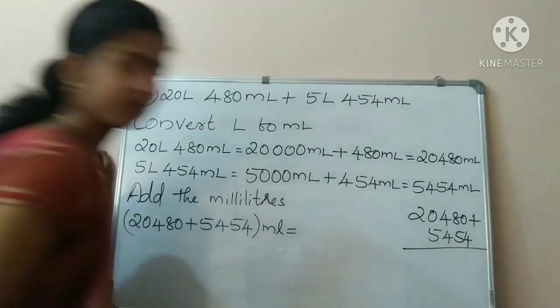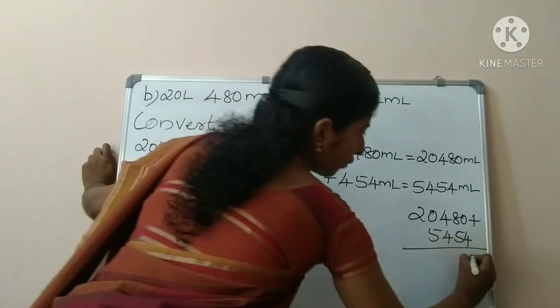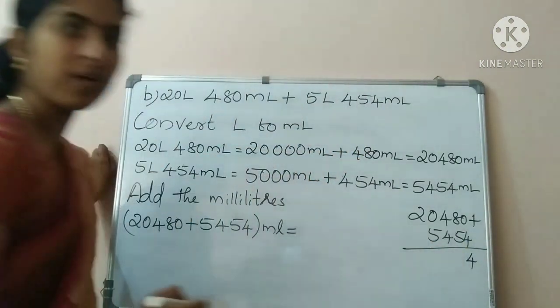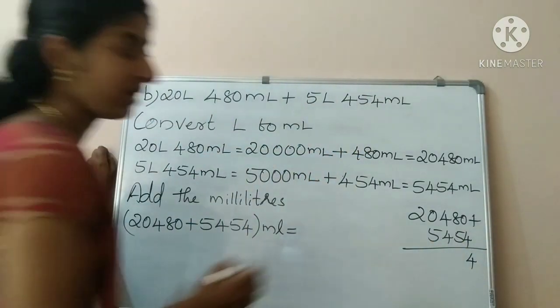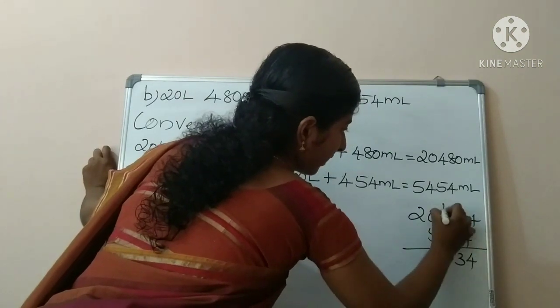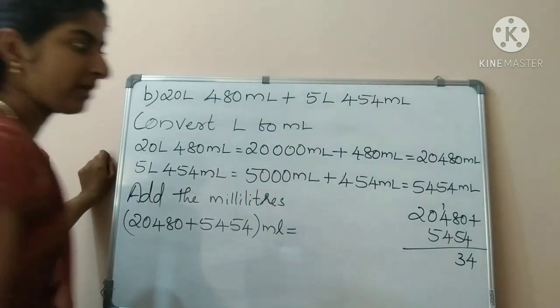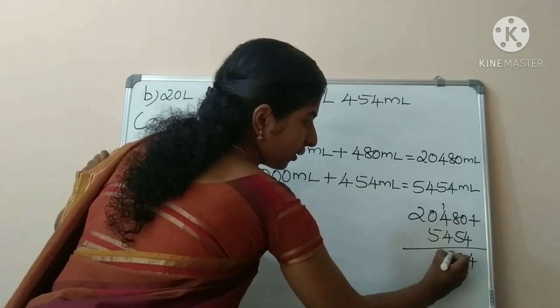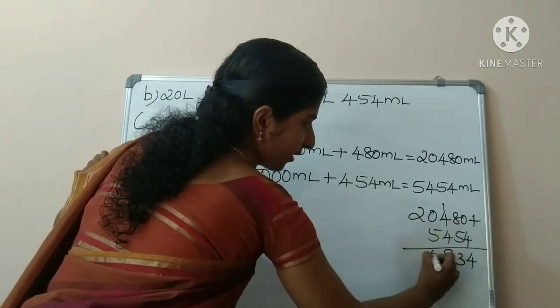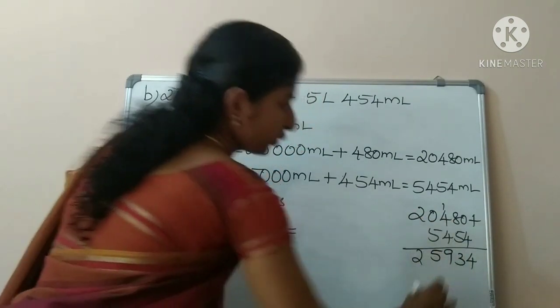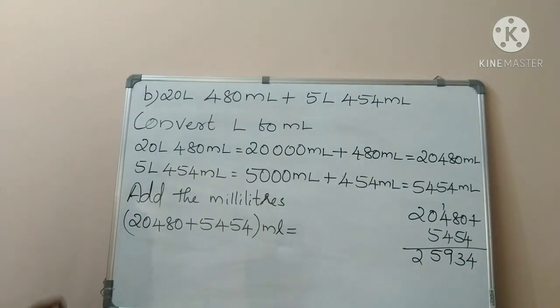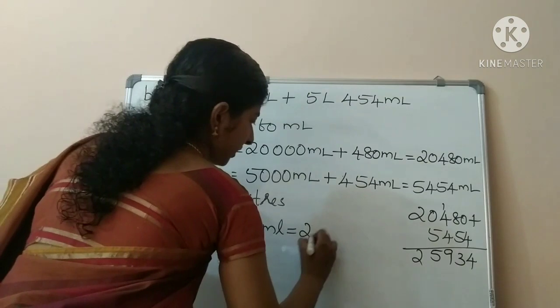What is the answer? Yes, 8 plus 4, 12... 4, 8 plus 5, 13. 3 is here, 1 is balance. Then 1 plus 4, 5. 5 plus 4, 9. 0 plus 5, 5. 2. So 25,934.